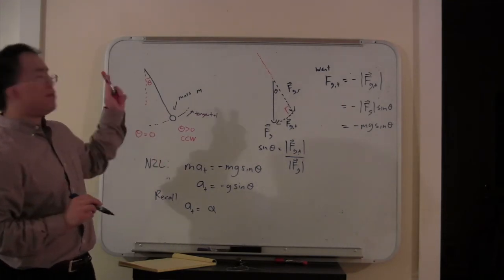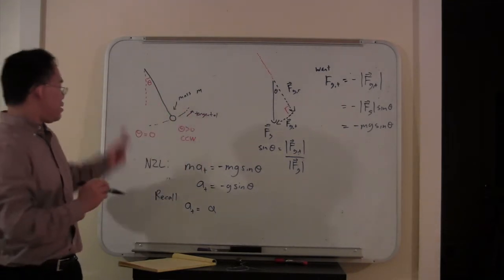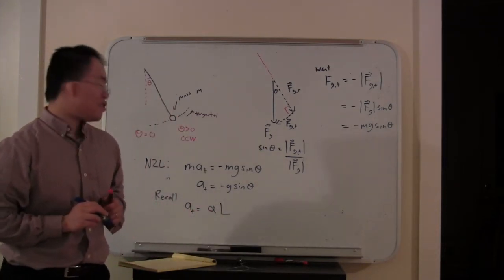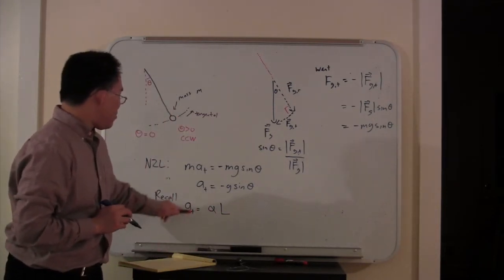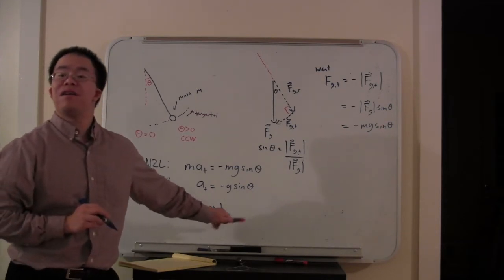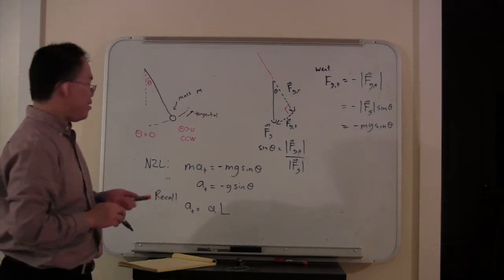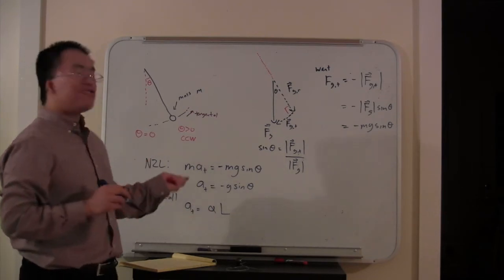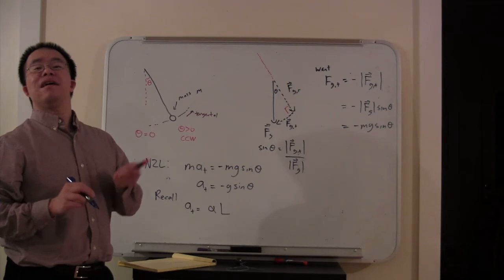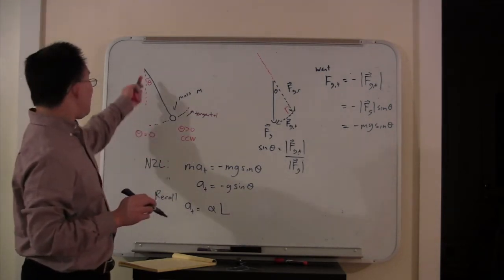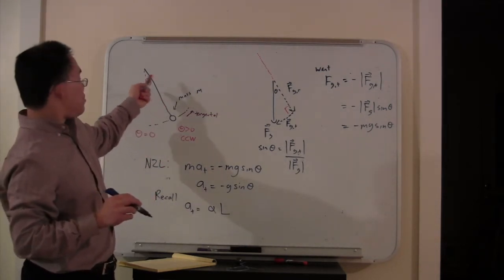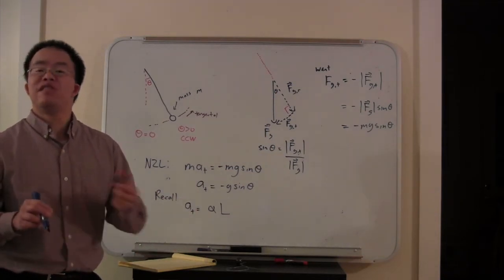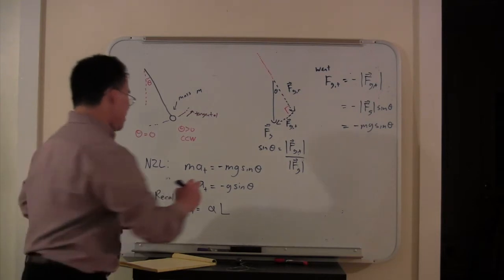And here's the part where we need to remember that the pendulum is swinging in a circular arc of radius L. So we have a tangential equals alpha times L. Well, my alpha, my angular acceleration, is none other than the second derivative of my angular position, my angle theta, just like linear acceleration is the second derivative of position.